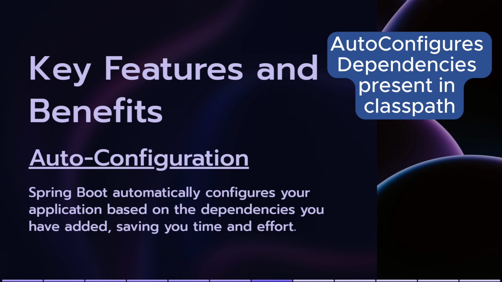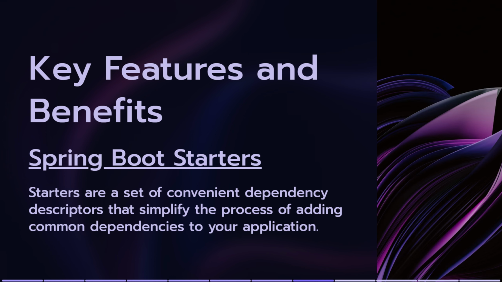This means you no longer need to spend time manually configuring components like data source, web servers, or security settings. Spring Boot's intelligent defaults and auto configuration handle much of the setup for you, enabling you to hit the ground running with minimal effort. Spring Boot provides a vast collection of starter dependencies.